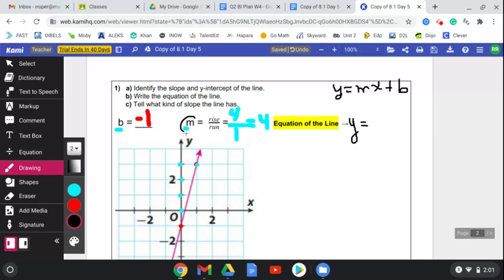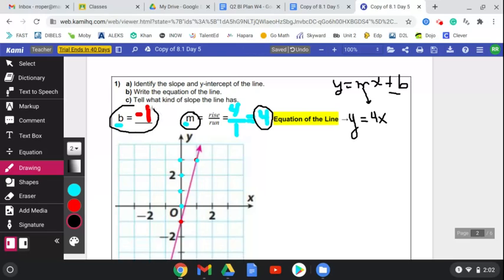What's m? Well, m, we just found, is 4. So I'm going to put that in for m. M, my slope, is 4. Now x will stay as an x. I need to write x in slope-intercept form. So I have 4x. Okay, then I have plus b. What is b? Where did the line cross the y-axis? It crossed the y-axis at -1.